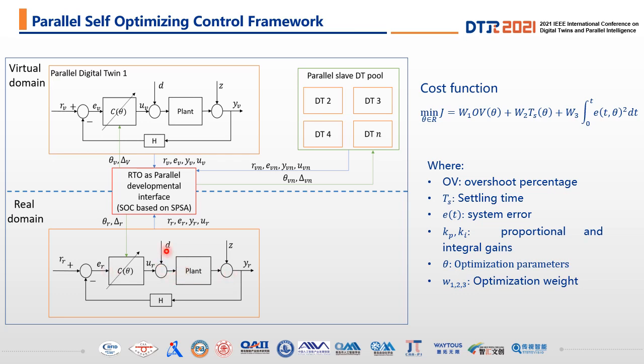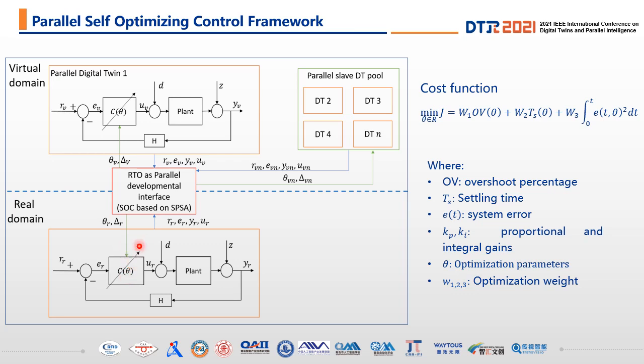The system is subject to some disturbances, as well as some control laws, sensor noise, and the plant itself. In this case, the controller will be the element that we are going to change using the real-time self-optimizing controller. This controller has some data parameters, which are the tunable parameters of the controller.